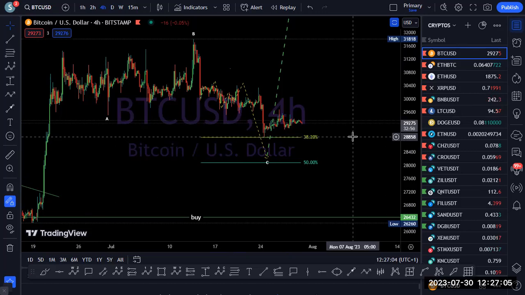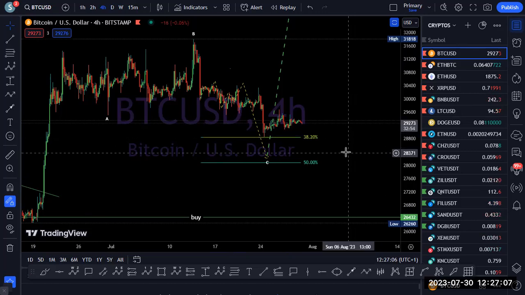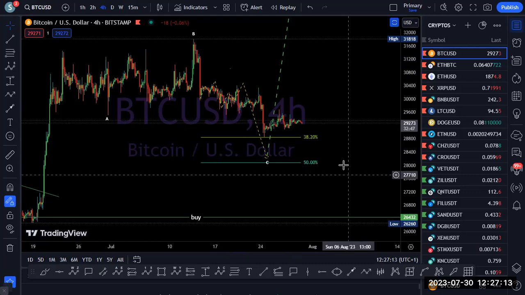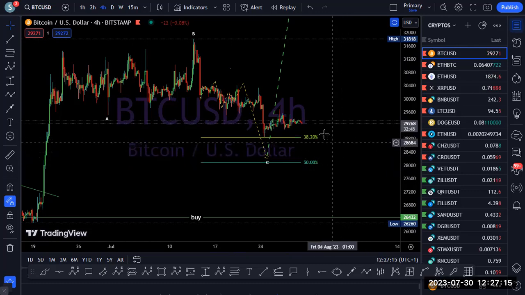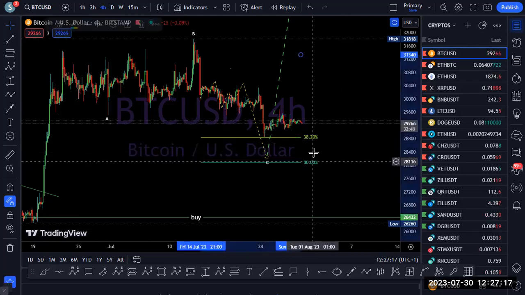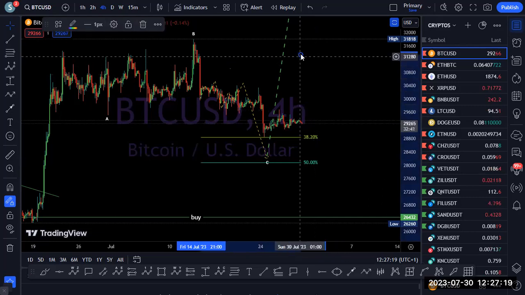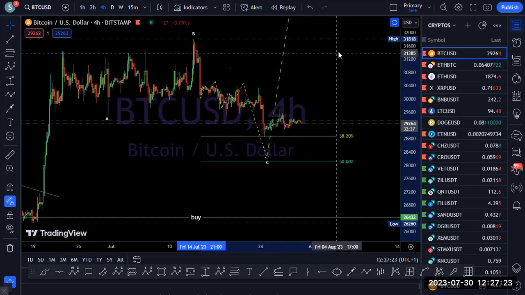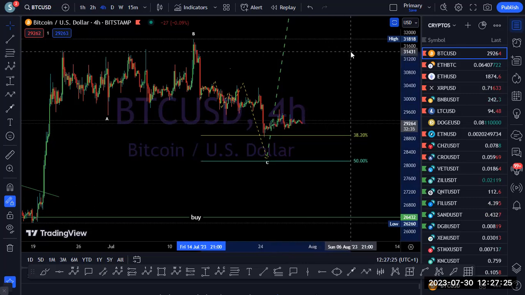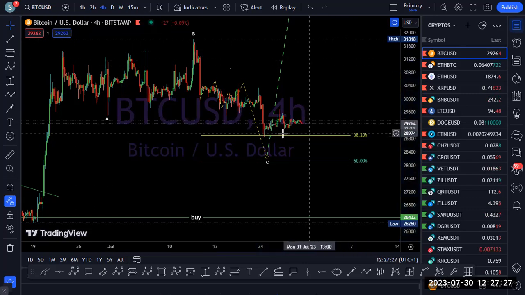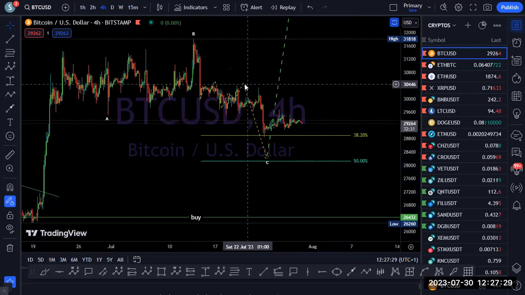It's going to drop to 28,400, 28,000, or even below. Before I buy Bitcoin, I like to see Bitcoin drop below 28,000. So that's when I would like to buy.